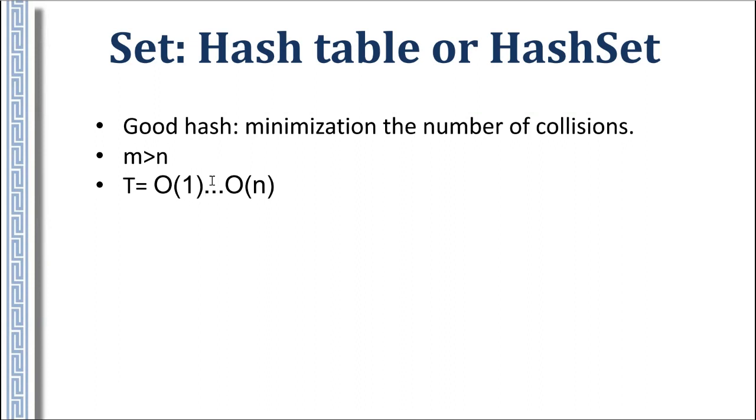Okay. In that case, if m is greater than n, time complexity can be from constant time up to linear. We have constant time if each list, each small bag for each hash value, is very small, of constant size. We just put two, three, four elements into one small bag, so we have a few collisions. But if all elements have the same hash value and we put all of them into one small bag, this bag becomes a big one, and we have linear time complexity because we implement these small bags as a list.